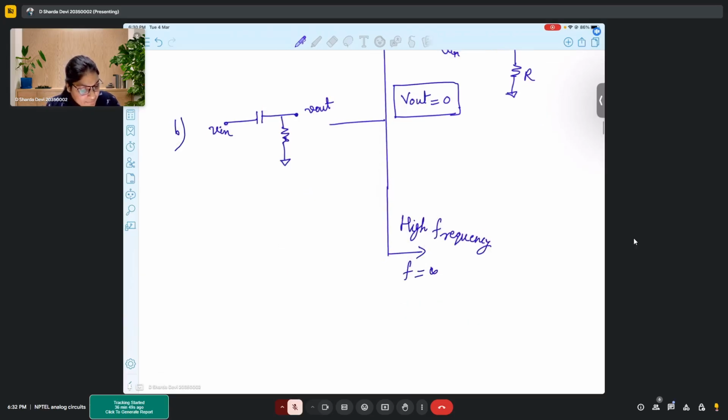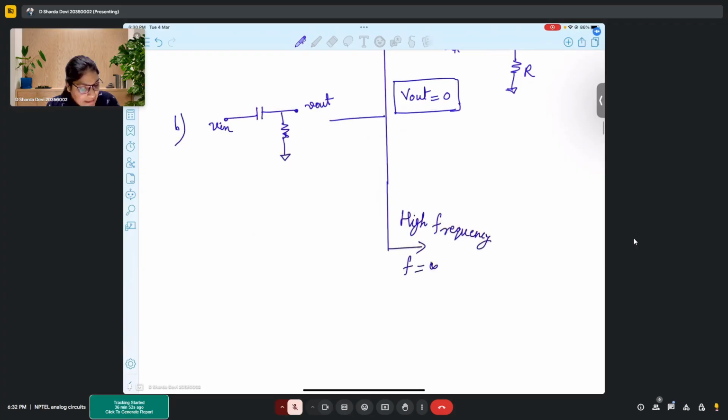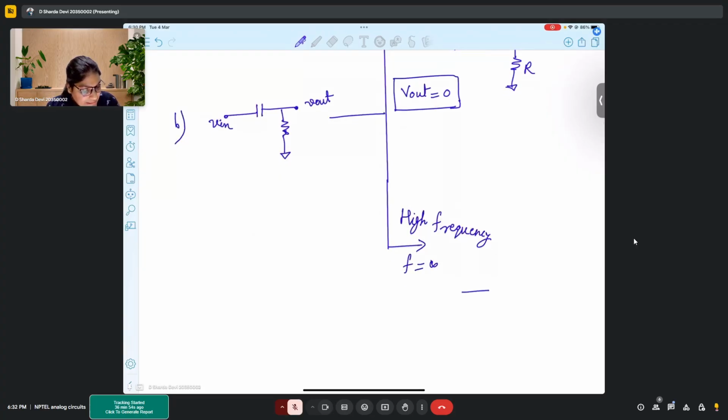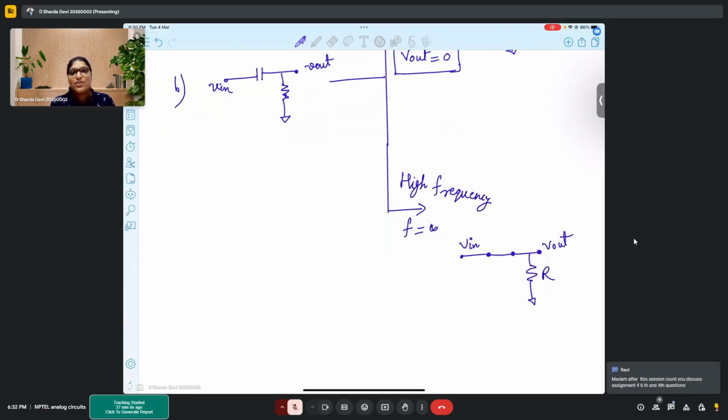And in a similar way, if I have a high frequency signal going, then my capacitor would be short circuited, and I'll have this resistor, and the voltage across the resistor is my output. So in this case, we can clearly see there is a short circuit path between V in and V out.